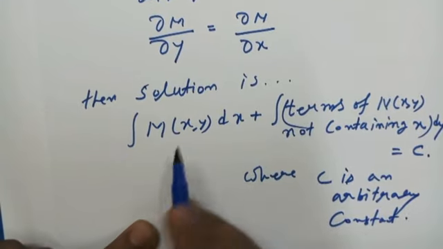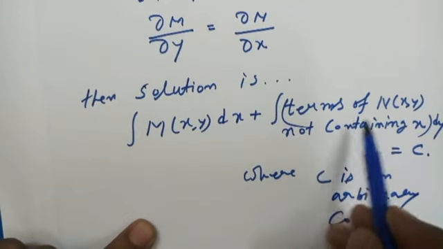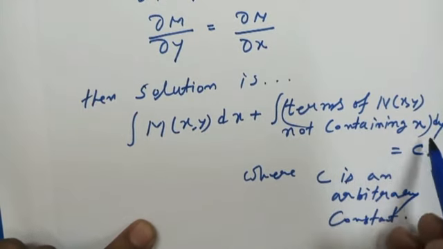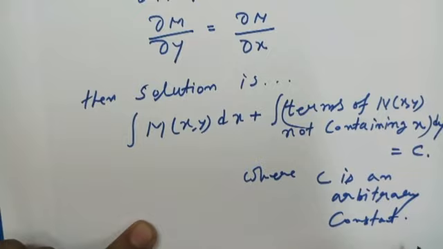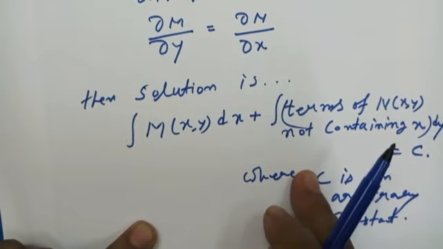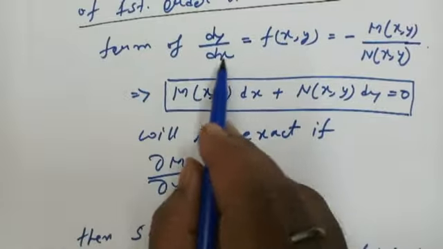So this is the integral of M dx plus terms of N not containing x dy equal to c. C is an arbitrary constant. This is the solution of this ordinary differential equation.